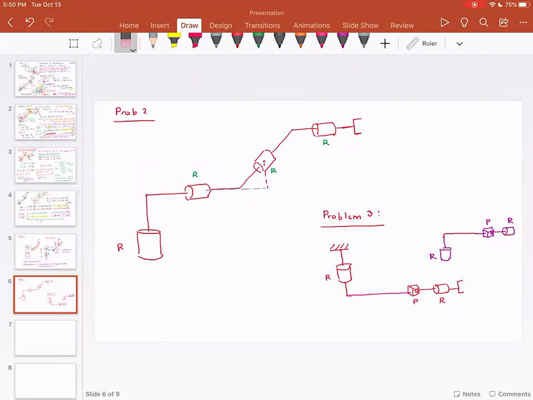Yes, the Z axis has to be along the joint of rotation. So to answer your question, if I were to draw the Z axis, this would be my Z axis.